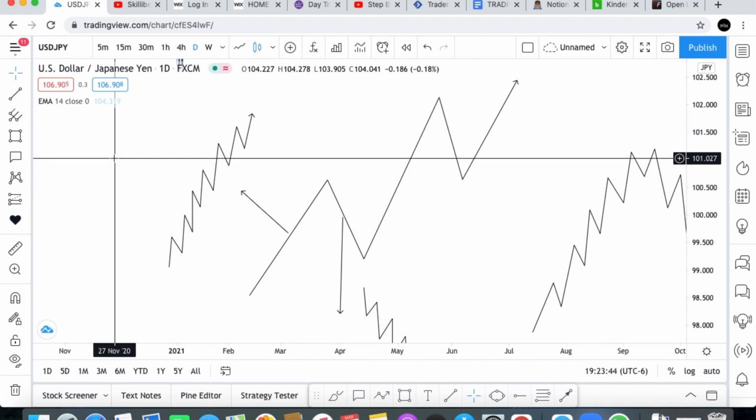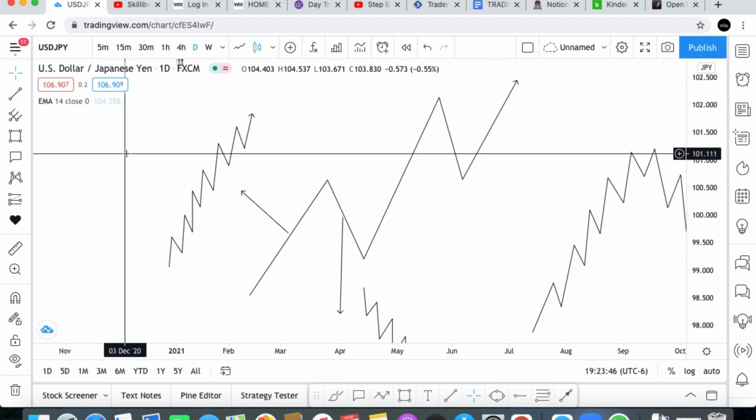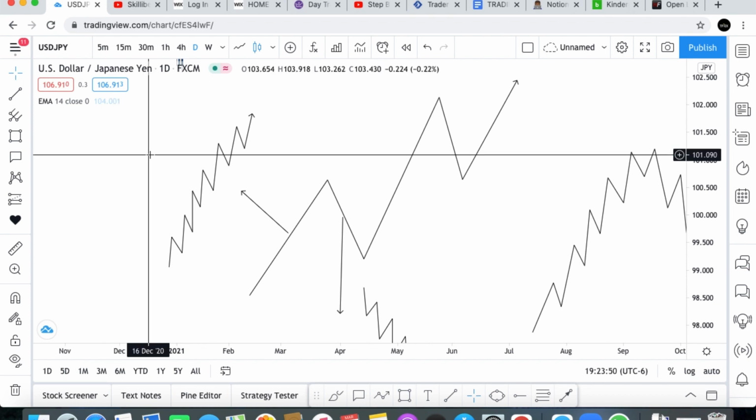So the lower time frame you go on, the more candlesticks you will see on the charts, so obviously there is more noise. Let me give you a good example.